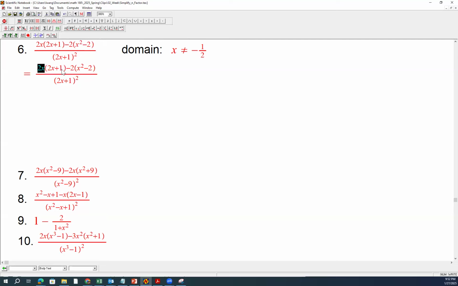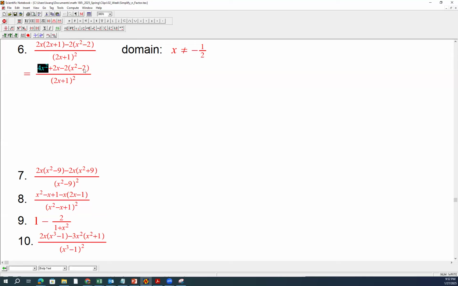So 2x times 2x, we're going to get 4x squared, right? And plus 2x. We just distribute 2x times 2x, 2x times 1, so that gets 4x squared plus 2x. Minus 2 times x squared, that's minus 2x squared.